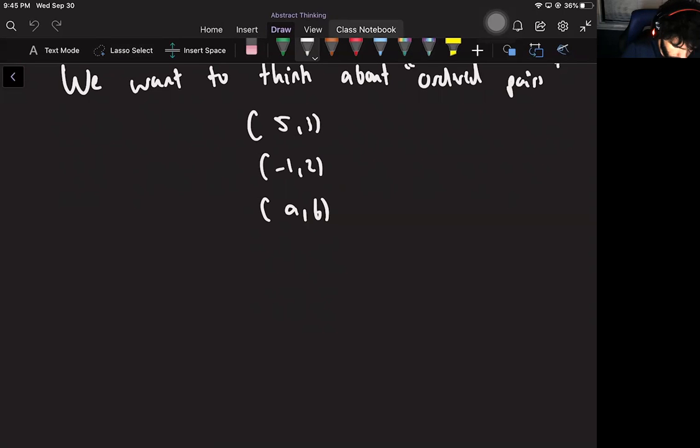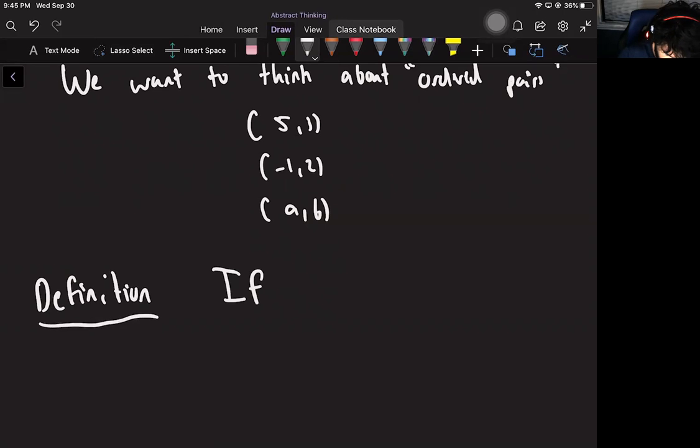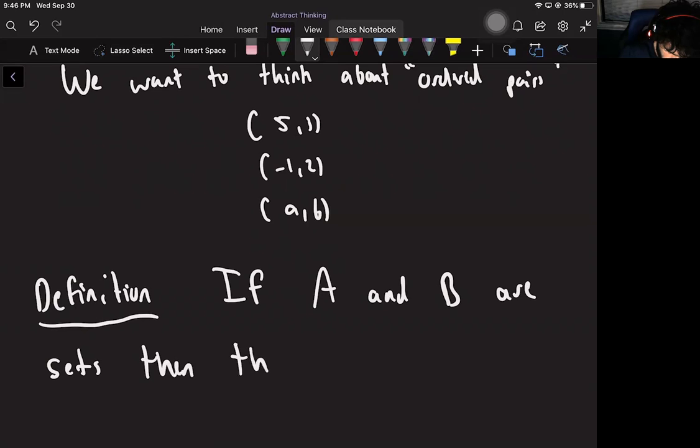Okay, so what we're going to do is define something. It's a new way to combine two sets. So if A and B are sets, then this other way to combine them is called their product.